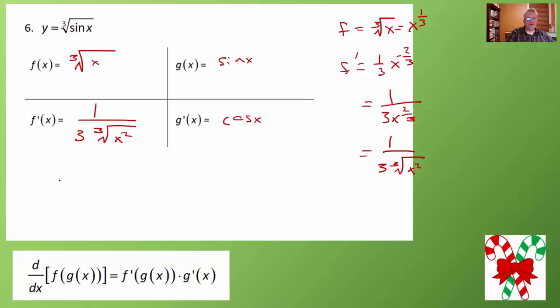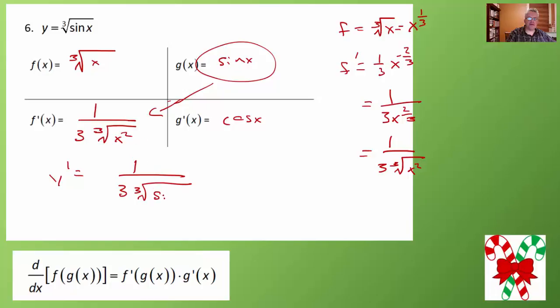And here we go. So, y prime equals, we have to put g into f prime. So this would be 1 over 3 times the cube root of x squared, and we're putting sine in, so sine squared x times cosine x. Wow.